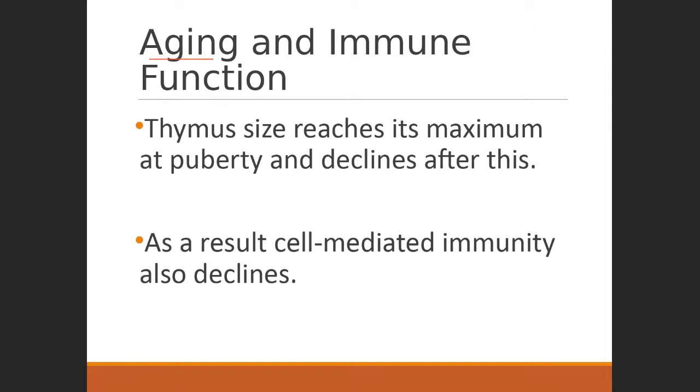The thymus, which we talked about as a maturation site for some T cells, reaches its maximum shortly after puberty, and then it's all downhill after that. As the individual gets older, you tend to see a slower, less robust immune response. Not to mention some of the things they may have been exposed to earlier on aren't quite as effective now because we've exceeded a certain timeline.